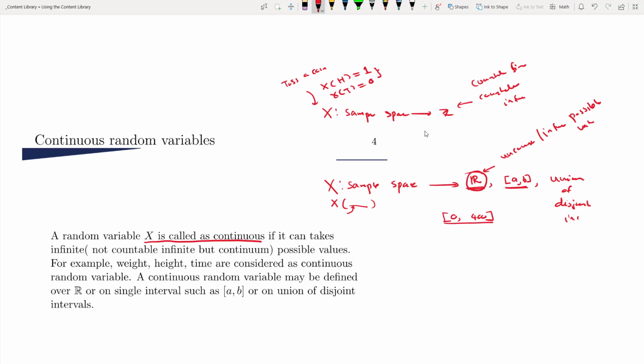So that would be a range of possible values. One of the most frequent continuous random variables you will see is time. Whenever we are measuring time, it becomes a continuous random variable unless you convert it to a discretized version. You can divide it into segments and then you can make it discrete. Otherwise, it's usually a continuous random variable.